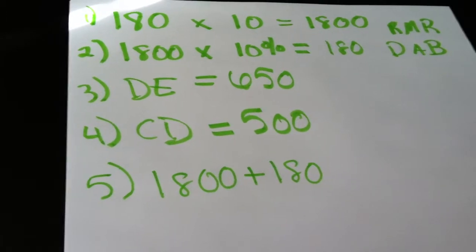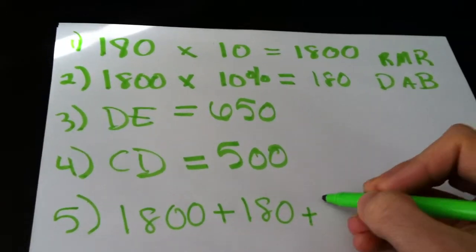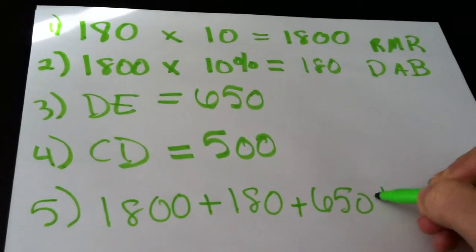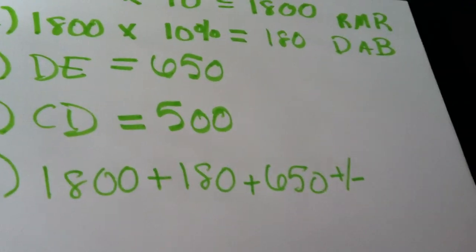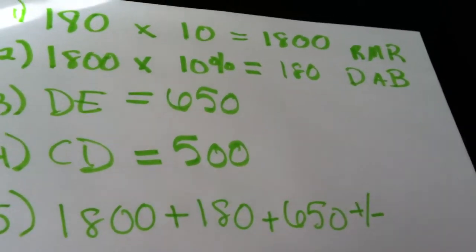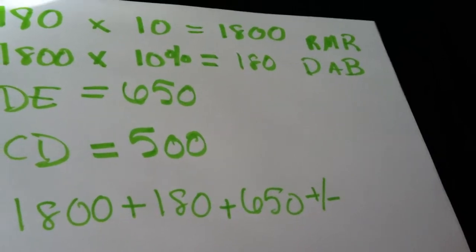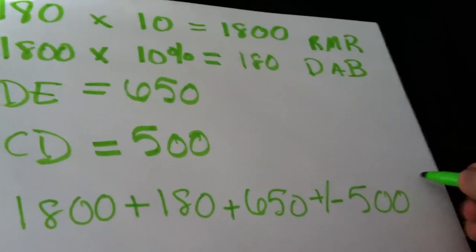And then we're going to add our daily exercise, which we said was 650. And then you're either going to add or subtract whatever your caloric deficit or surplus was. So, of course, if it was a surplus, you're going to add it. If it was a deficit, you're going to subtract it. And since mine was a deficit, we're going to subtract 500. Okay?